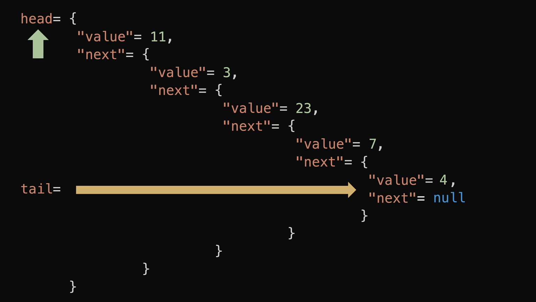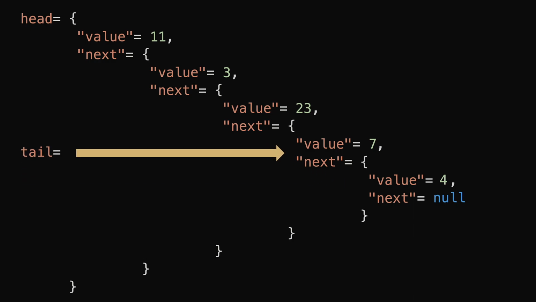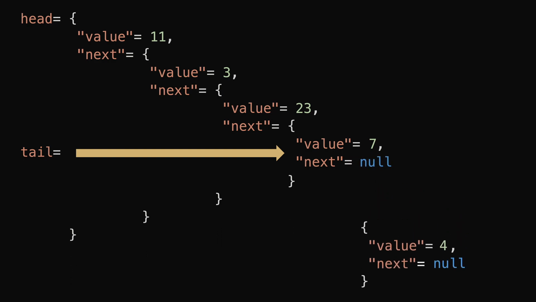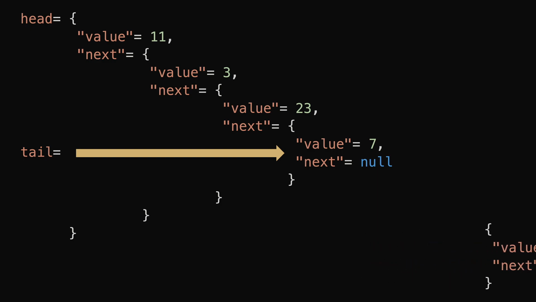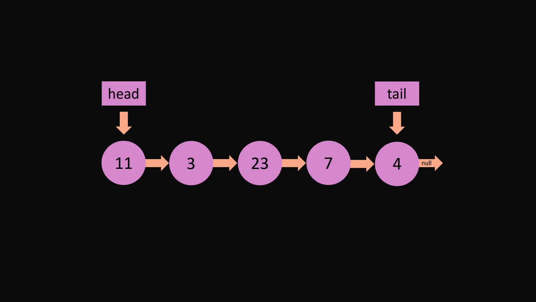So we have to start at the head, which is pointing at this node, and traverse through the linked list until we get to this node. And it is only then that we can set tail to be equal to this node. Now that we've done that, we can say tail.next equals null, and then return this node. So let's take this and put it back to this type of diagram here, and we'll walk through this.